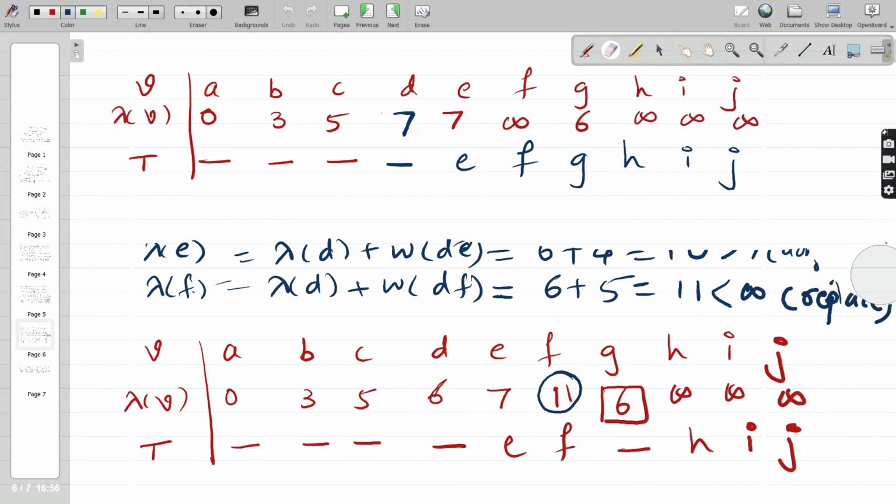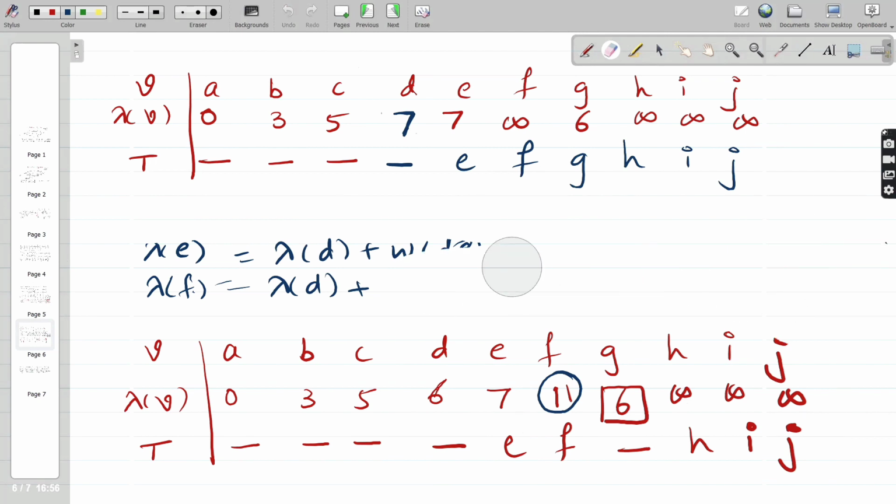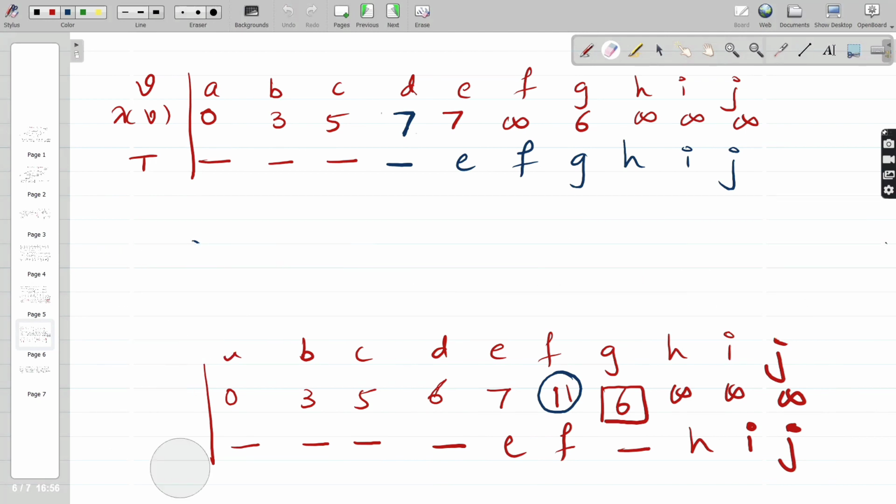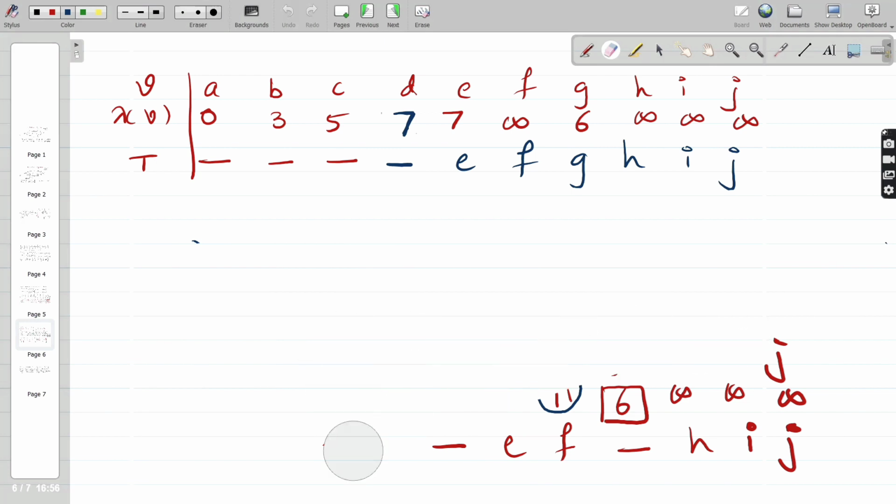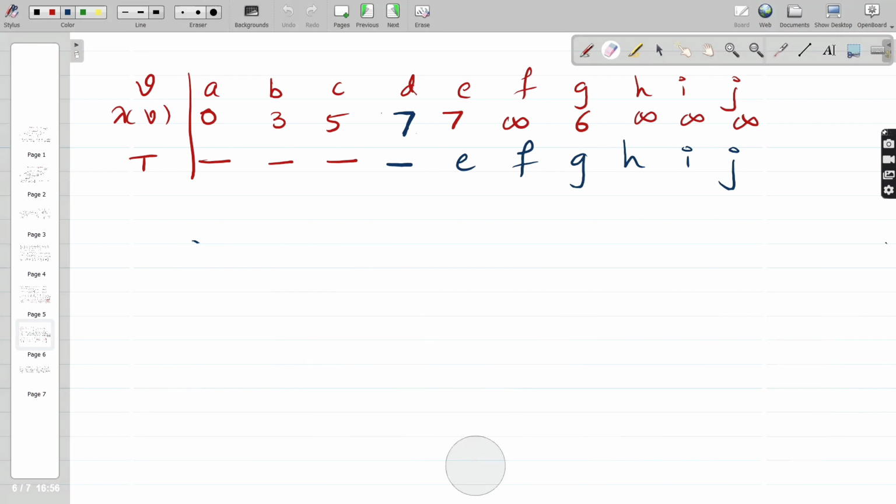Okay. So now I was talking about a tie. There is no tie right now here. Right now, at this particular stage, there is no tie. Okay. So among the vertices, now D we have to consider over here, and G has got the smallest one. So G I will not consider. Okay.